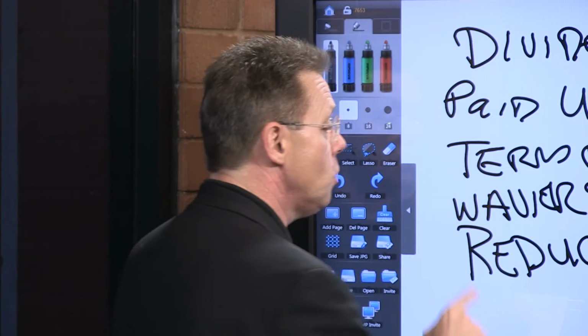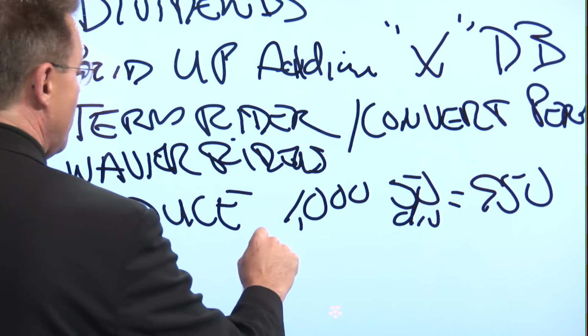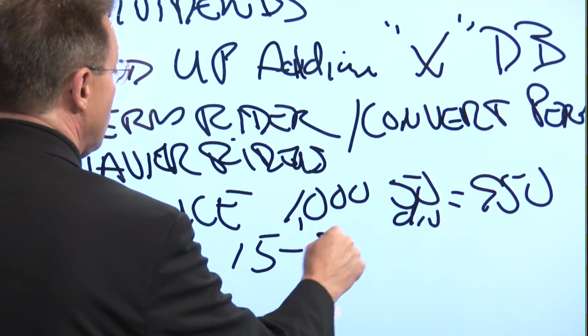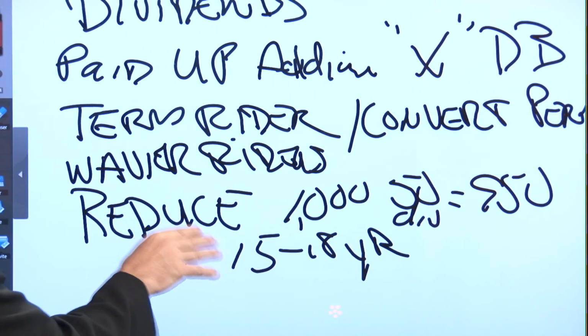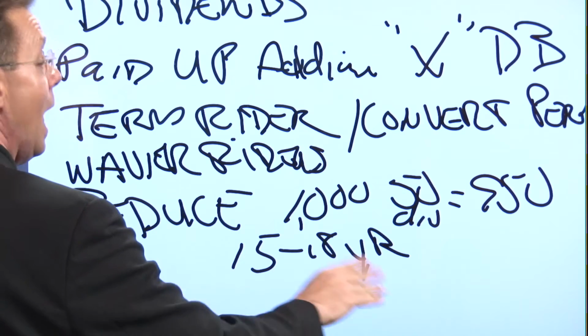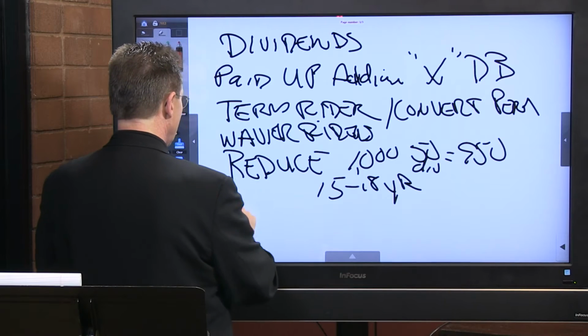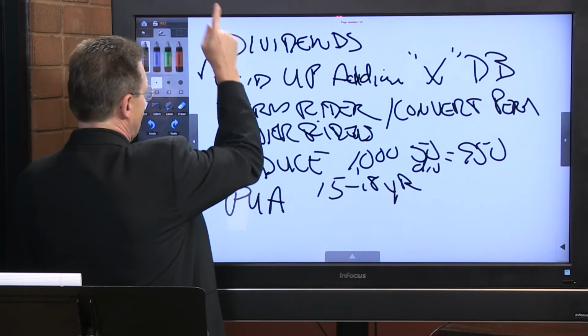So all of a sudden, you're reducing your premium every year. Somewhere out there, maybe the 15th to 18th year, that actual dividend may have dropped your premium to where you no longer need to pay that premium at all, and it would switch back to paid up additions. So it would start rolling up just like it did up here.